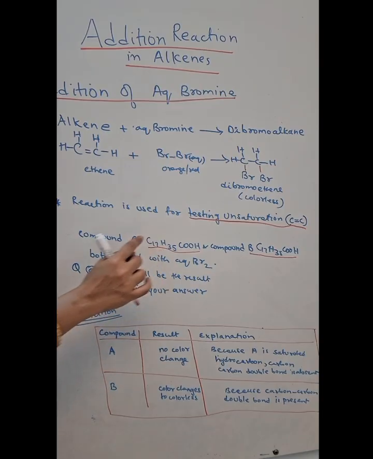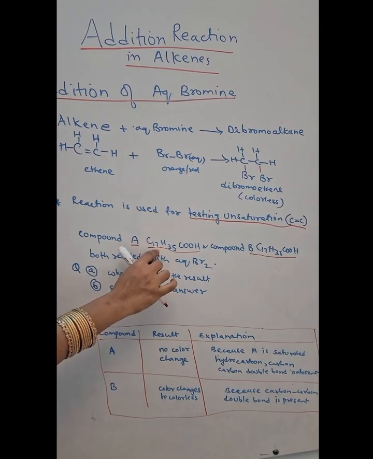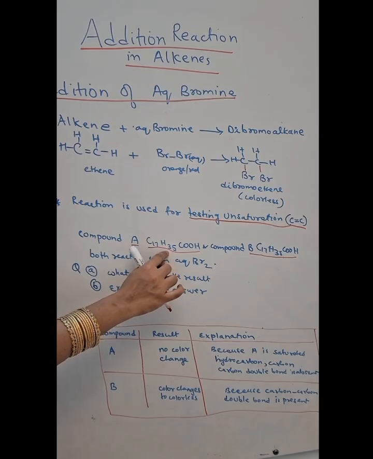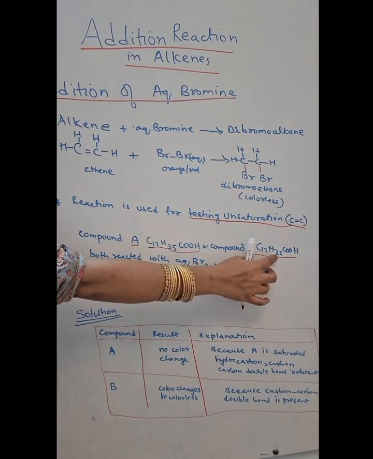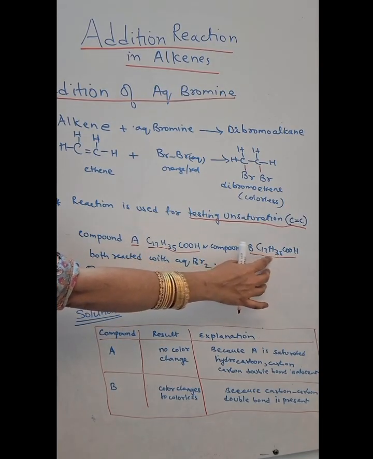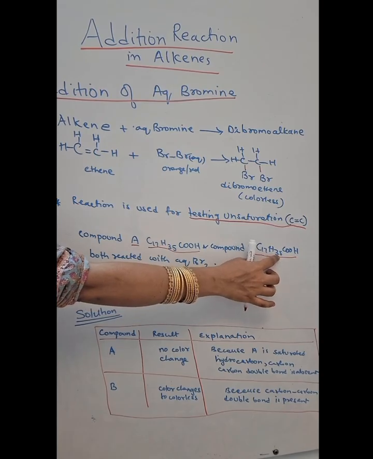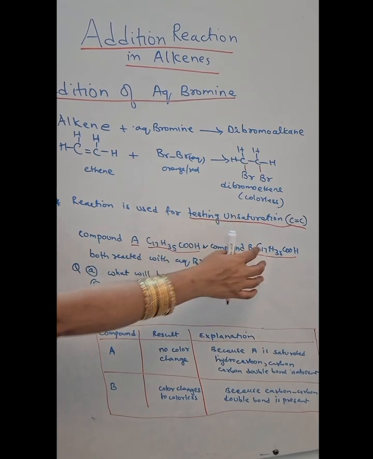Okay, now I am giving you a trick on how to identify whether a double bond is present or not. Here you see C is 17 and H is 35. So here the hydrogen number is double plus 1 that of the carbon number, whereas here the hydrogen number is double minus 1, C17H33. 17 2s are 34, minus 1.